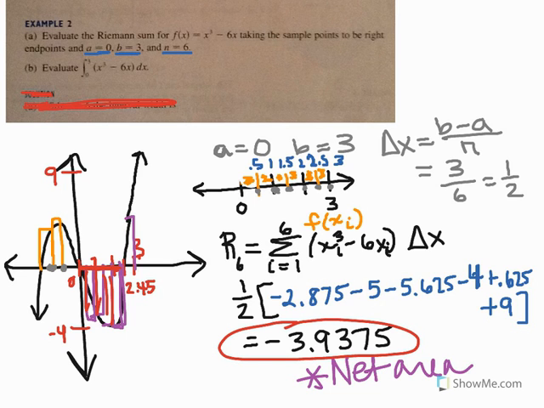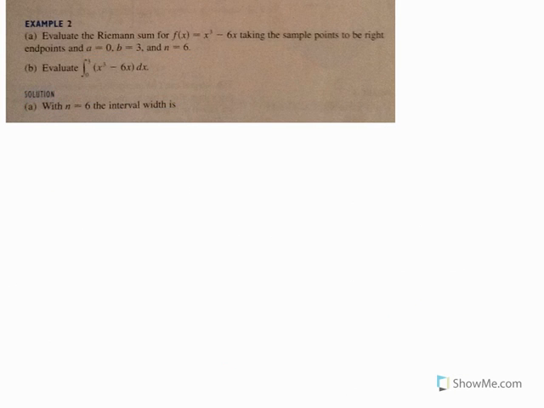The next part of the problem wants us to evaluate the integral, another thing that we can get some good practice on. All right, let's evaluate the integral from 0 to 3 of x cubed minus 6x dx. We're doing basic anti-differentiation is all that you've got to do with this, with definite integration added into it.